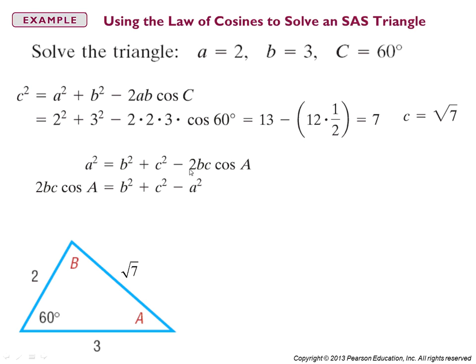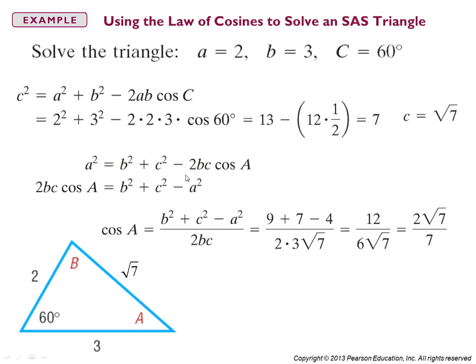So we added 2bc cosine A and subtracted a squared. Then you divided both sides by 2bc. And then you chunk all that together in your calculator and you inverse cosine it. And you get that the angle is approximately 40.9 degrees.